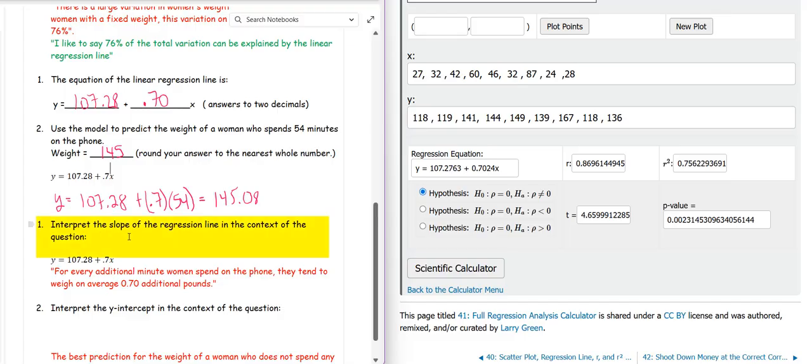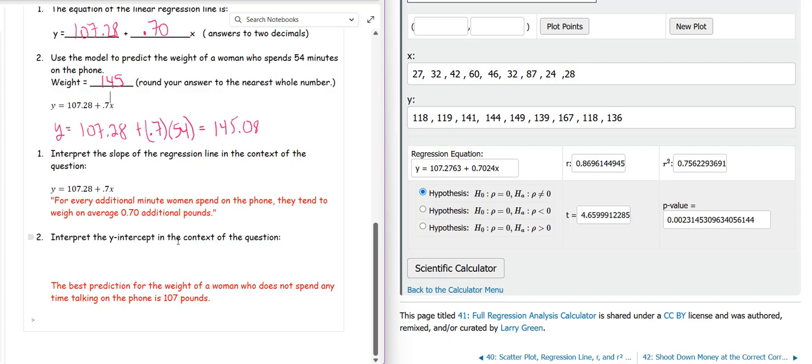Interpret the slope of the regression line in the context of the question. Remember, X is the number of minutes a woman spends on the phone. So for every additional minute, you're going to pick up 0.7 additional pounds. And finally, interpret the y-intercept in the context of the equation.